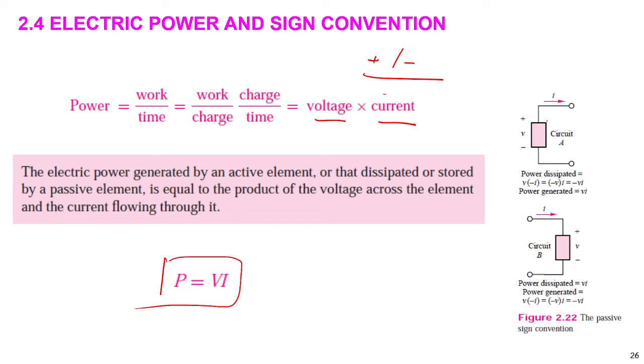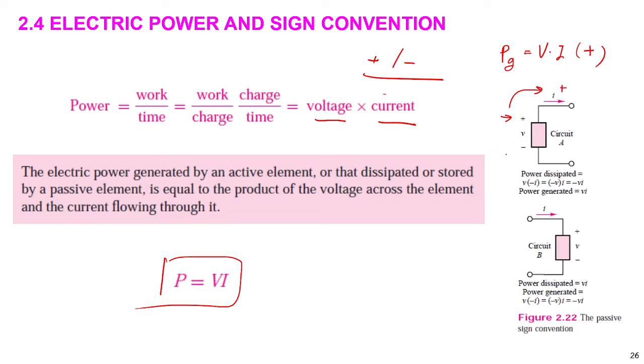If the voltage has plus and minus here, and the current flows out of the positive terminal, we define that as positive. So the power generated by this equipment, P equals V times I, is positive. This means this equipment generates power.